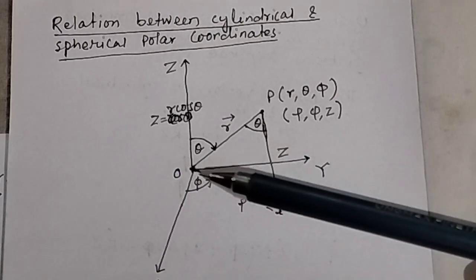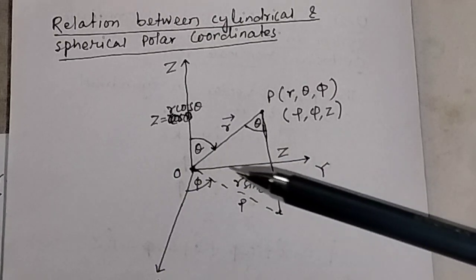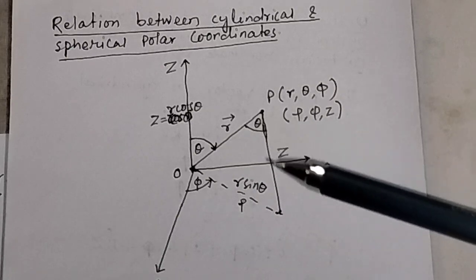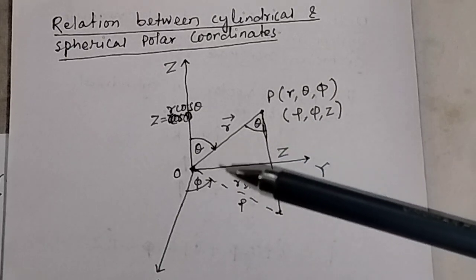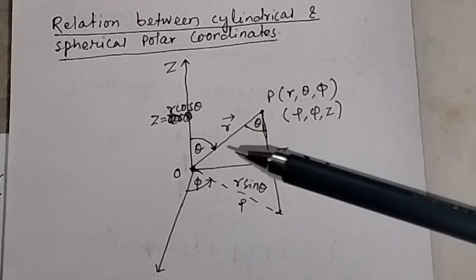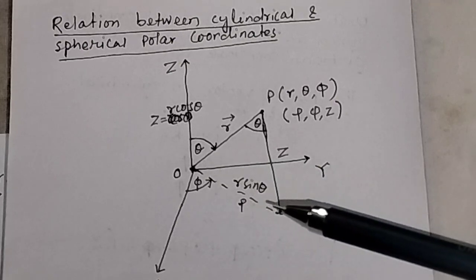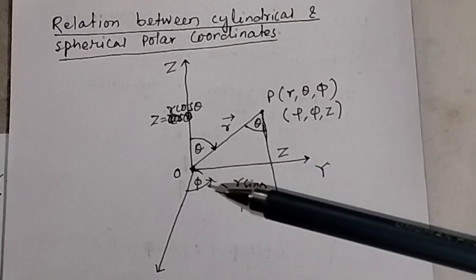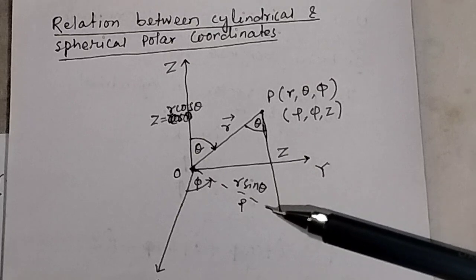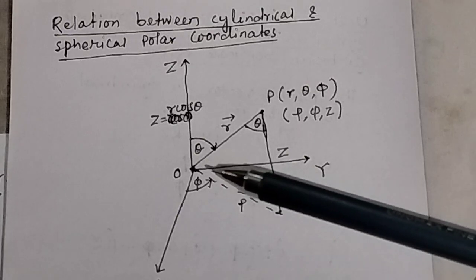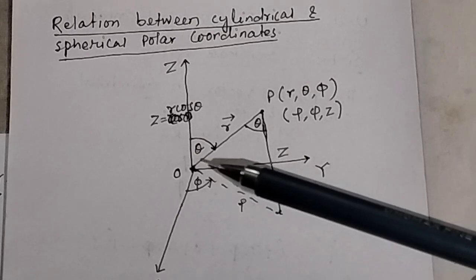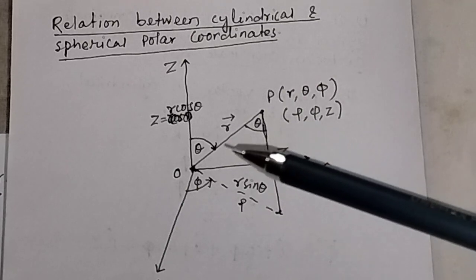Then second thing, if this angle is equal to theta, then this angle also will be equal to theta, and if you draw a perpendicular here, then this will be a right angle triangle. This angle is a right angle.